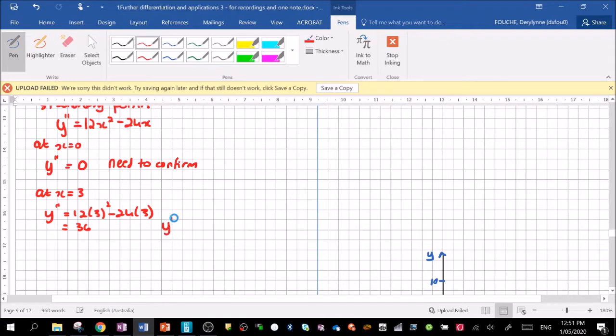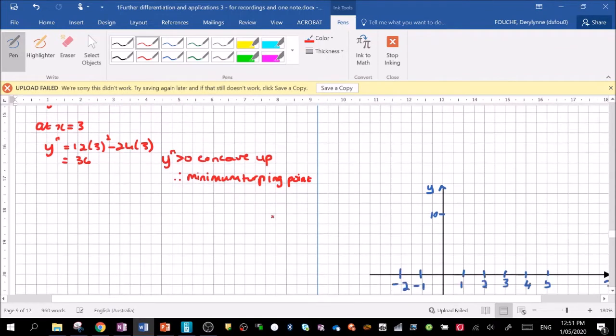And y double dashed greater than 0 means that it is concave up, and I have a minimum turning point. I don't know what that turning point is. I need to find the value.